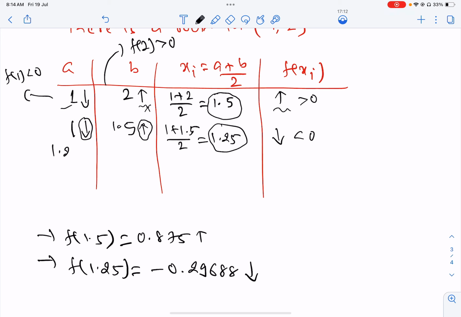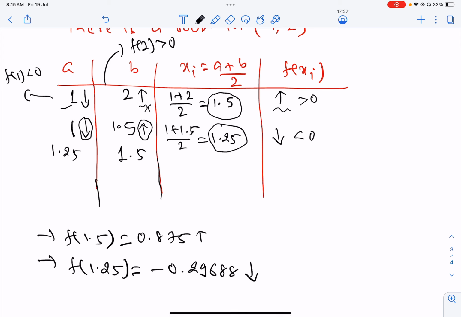So now here you will have 1.25 and 1.5. So find the mid value between these two.